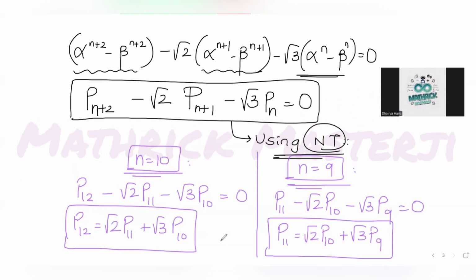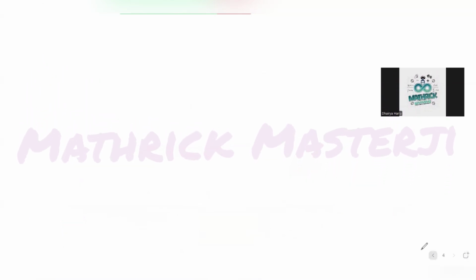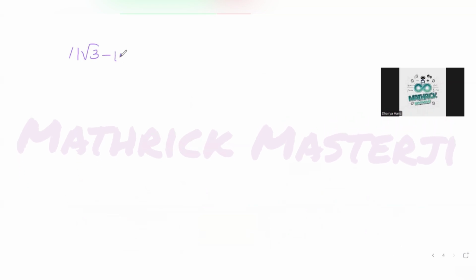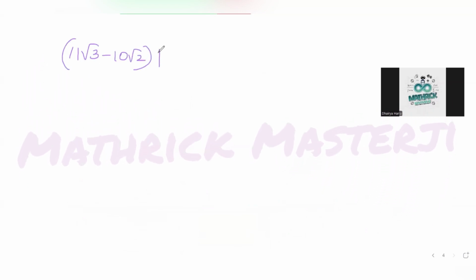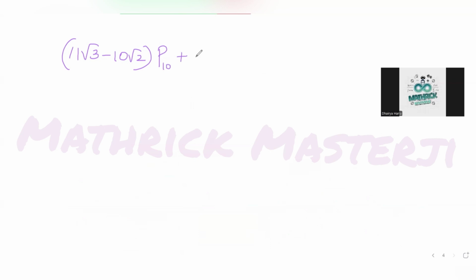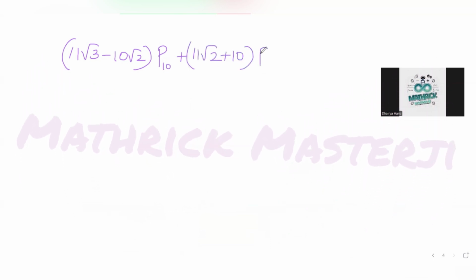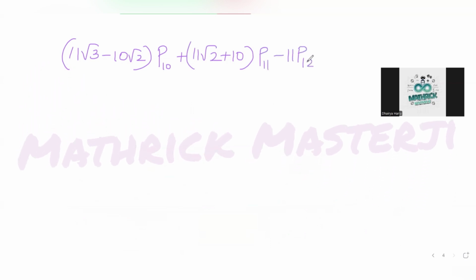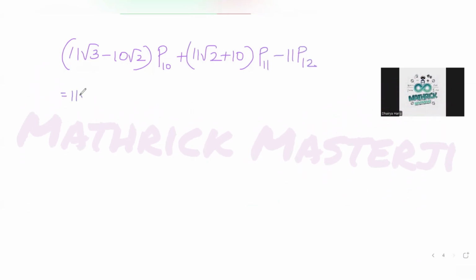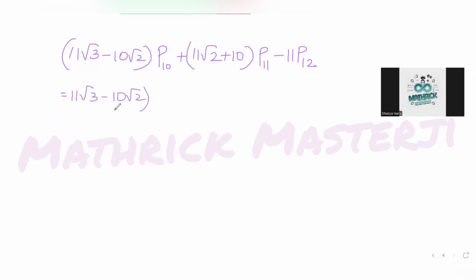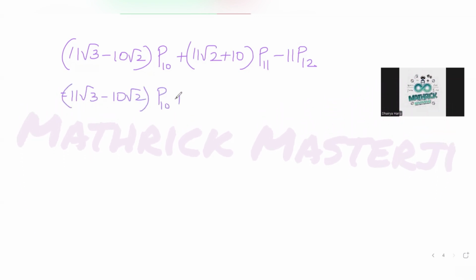I have P12 also in terms of P11 and P10. Let's try to put everything in the other expression that was given to us. The expression says you have to figure out the value of (11 root 3 minus 10 root 2) P10 plus (11 root 2 plus 10) P11 minus 11 P12. So for P10, I don't have anything, so I'll just write it as P10 only.